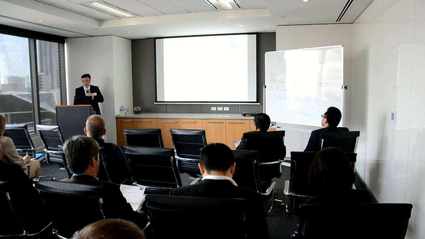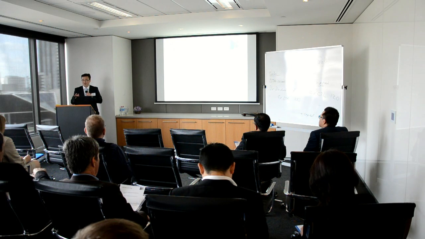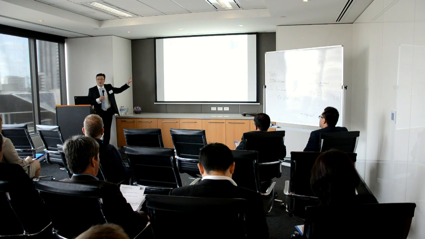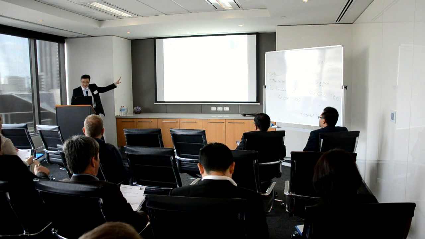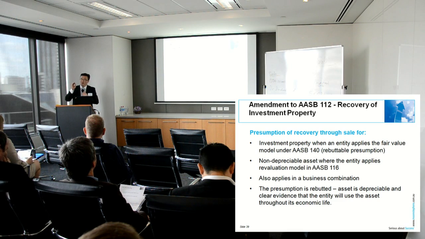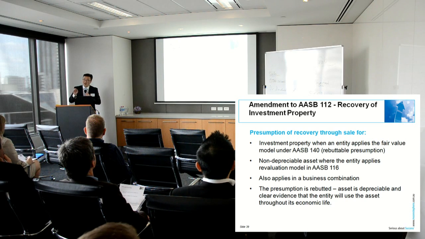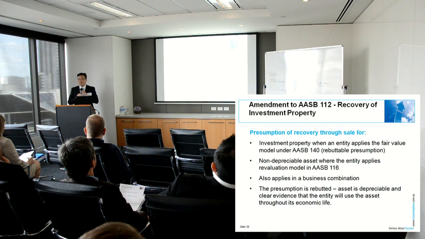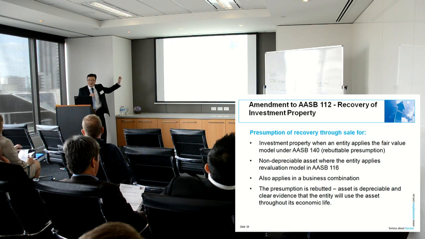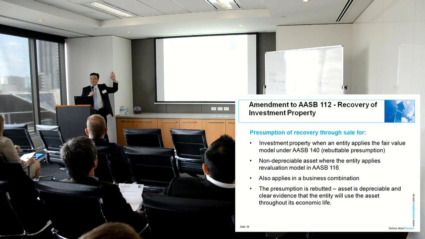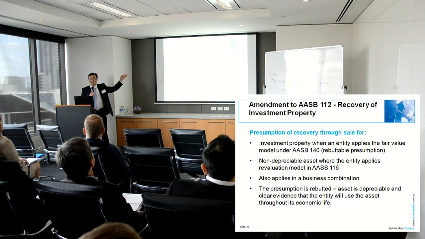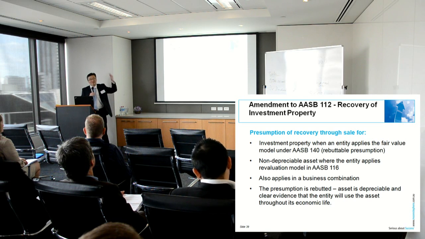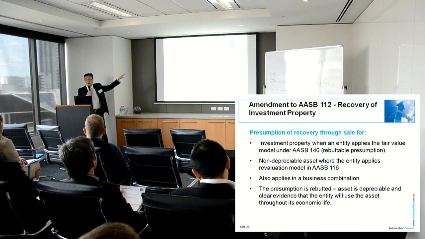So let's quickly go through what has changed. This change has gone through. The change basically says that there is a presumption that you will recover the asset through sale if you account for the asset under the fair value method under AASB 140. So if you have an investment property, you recognize the carrying amount at fair value or market value, and the fair value movements go to the P&L, there is a presumption that you recover it through sale.